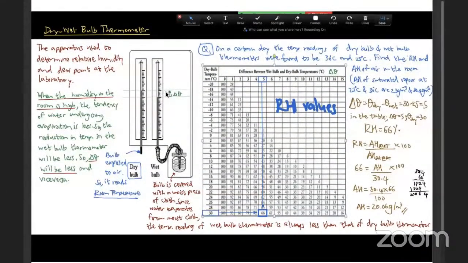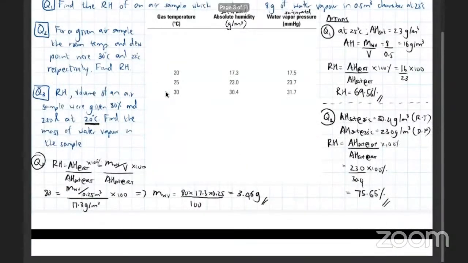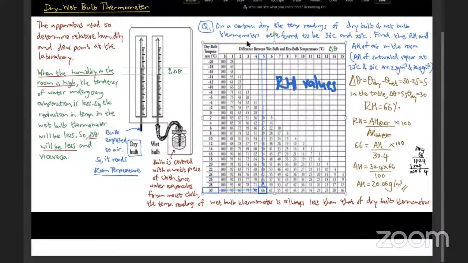To quickly summarize what we further did last week, this is about the dry wet bulb thermometer. It is an instrument, or apparatus rather, we use to determine relative humidity.